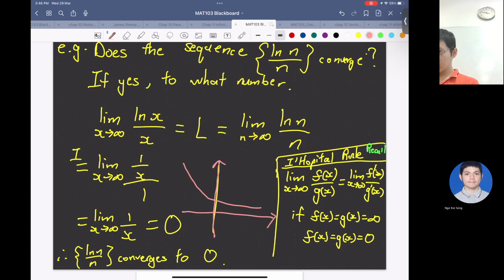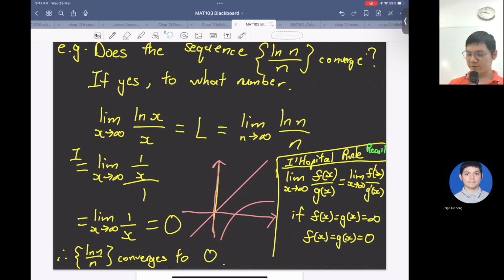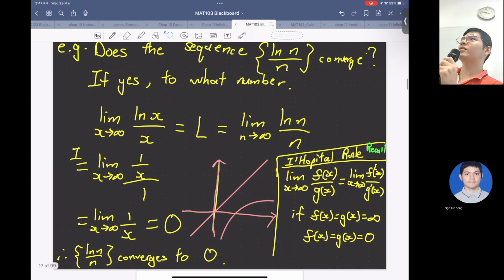Is it true that ln x looks like this, or am I wrong? Ln x looks like this, right? And then x. Is it true? Okay, so it represents some ratio between them, the rate of change. We will learn it in the later chapters.